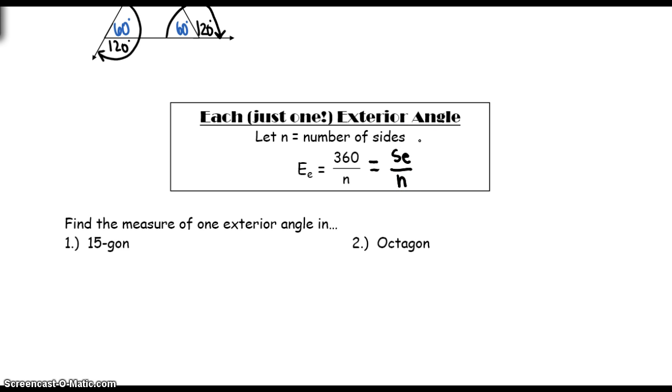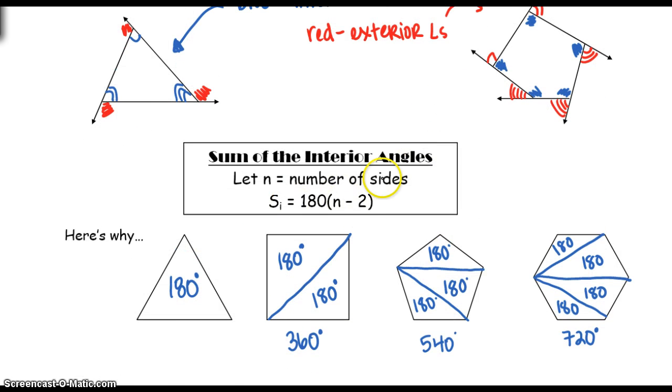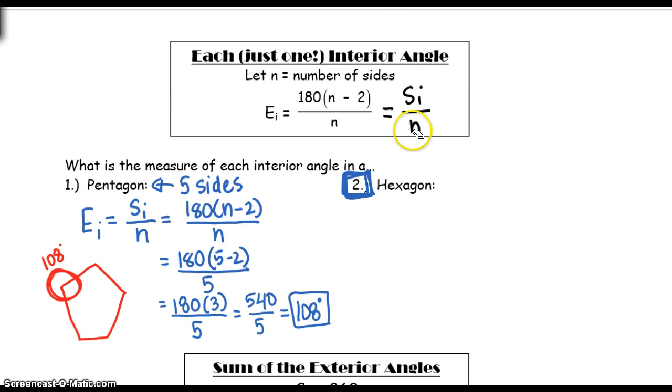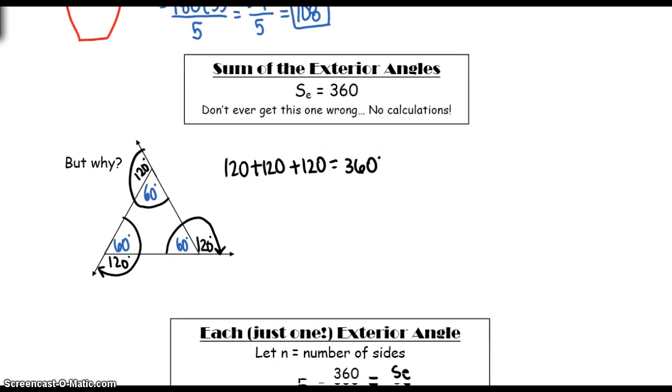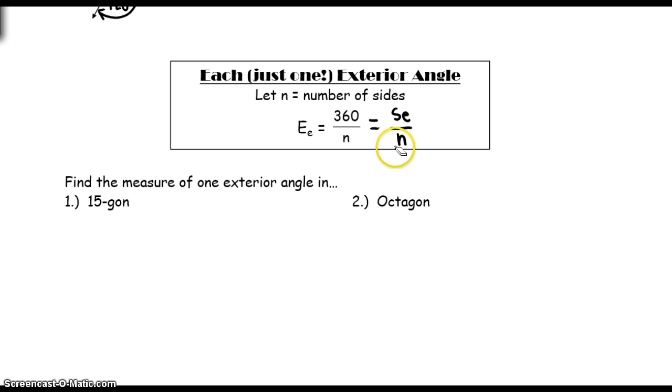Now think about that in comparison to the other formulas. Over here, we had the sum of interior angles, right? And then if we wanted each one, we just divided it by n. Here we have the sum of the exterior angles, 360. And if I want each one, I just divide it by n. Okay, so it's just the one formula divided by n.